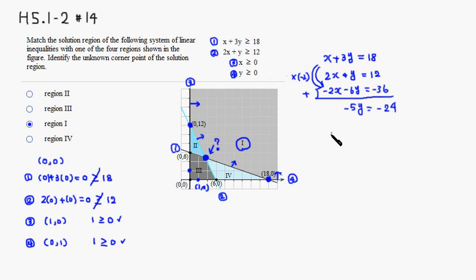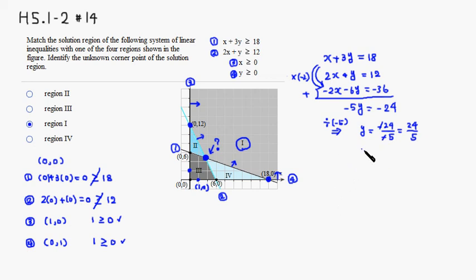We can divide through by -5, so y is equal to -24 divided by -5. The negative signs cancel out, so you have 24 over 5. So we found the y value.